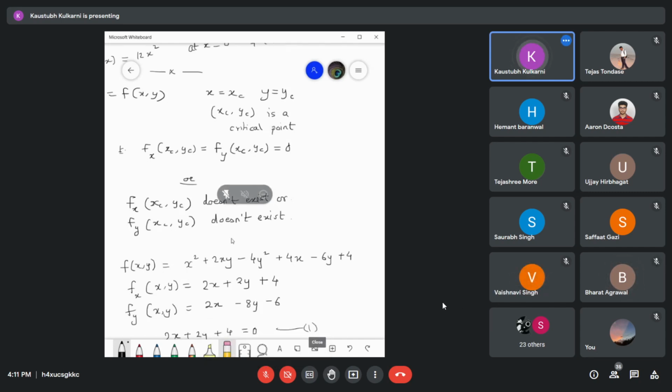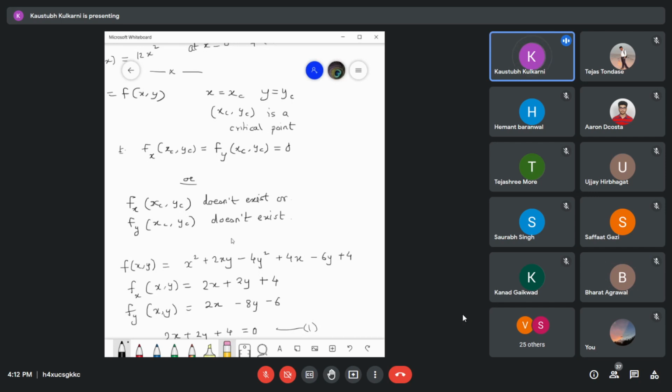So wherever the function is not continuous, you can easily make out from the graph or from the definition. Not differentiable means there is a sharp turn in the graph, like in the case of the mod function, or if there is an asymptote there.